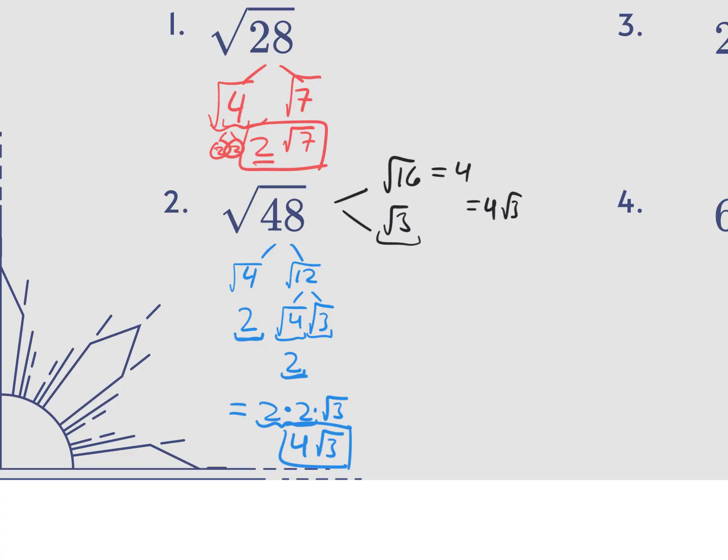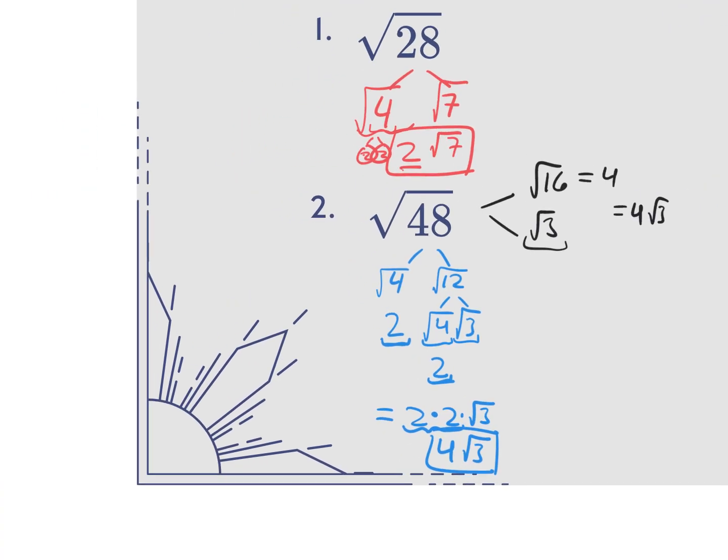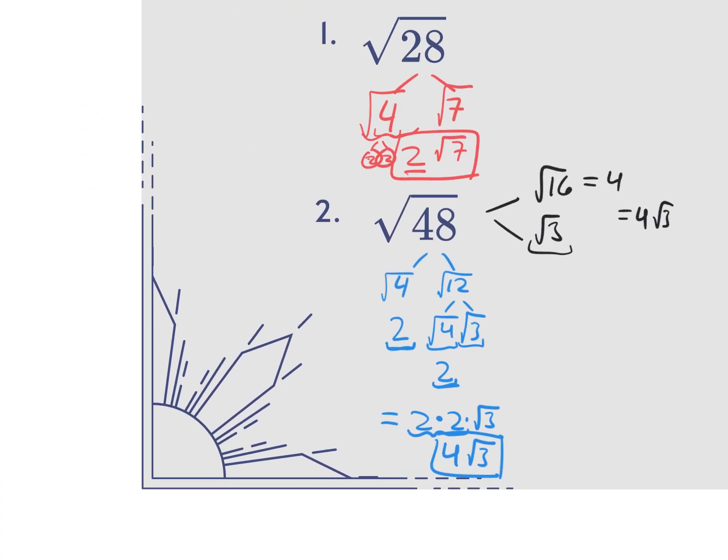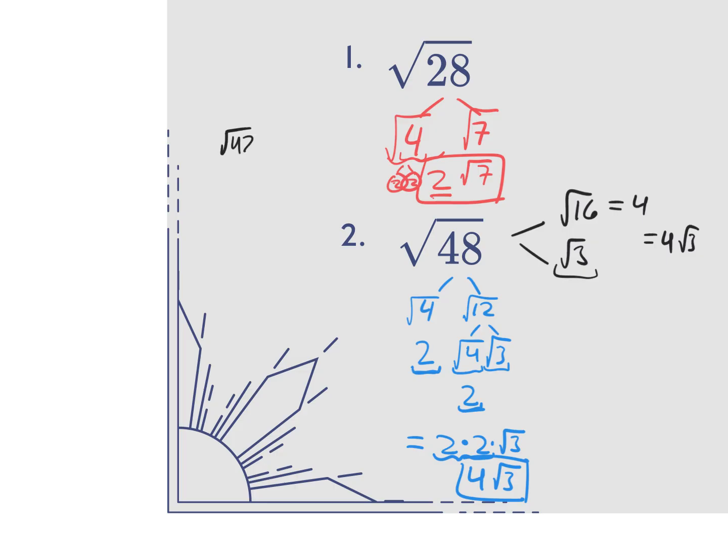Or some of you might need to do a factor tree and split it up all the way, right? So maybe you did square root of 48, maybe you did, I don't know, 6 and 8, and then from 6 you did 2 and 3, and then from 8 you did 4 and 2, and from 4 you did 2 and 2. Then you have a 2 and a 2, which is one pair, a 2 and a 2, which is another pair, right?